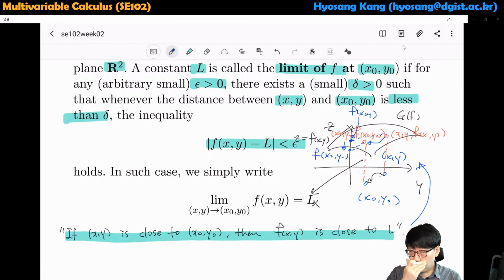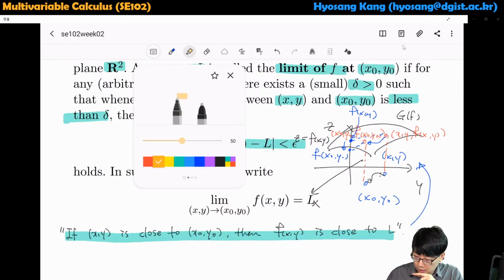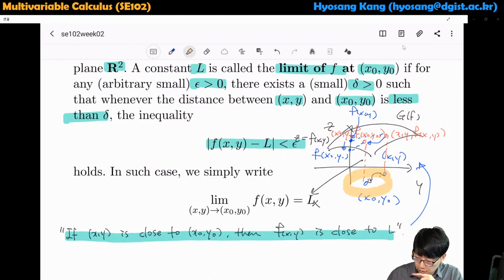Okay, but what we need to rigorously prove is that whenever we have a point lying sufficiently close to the desired point, let's say I want to put a ball around this desired point (x0, y0), and whenever we have a point (x, y) lying inside of this ball, then I want to guarantee that my value of the function lies in the near neighborhood of f(x0, y0).